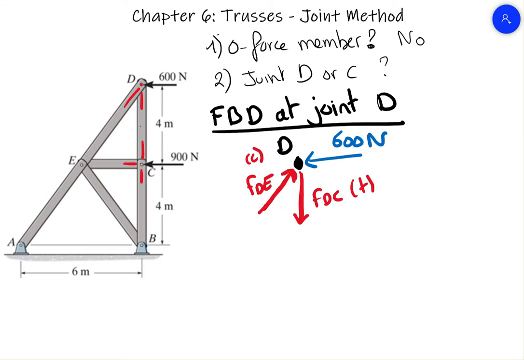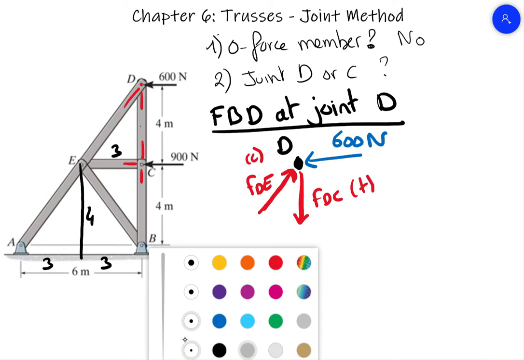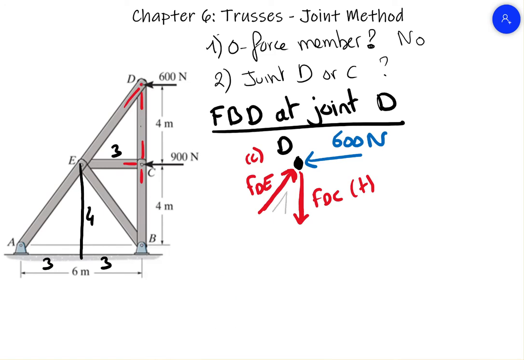So this one means tension, and this one means compression. Okay, we need the directions. If you look at those triangles, this is 6, so this is 3, and this is 3, and this is 4, and this is 3. It's a 3, 4, 5 triangle everywhere, for the slope.